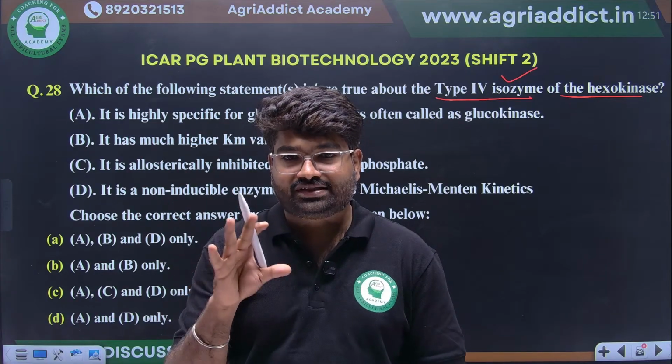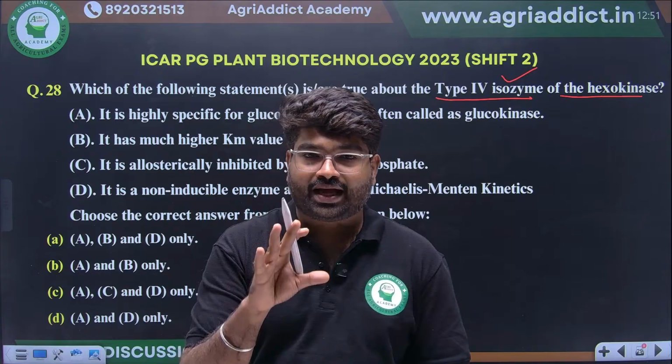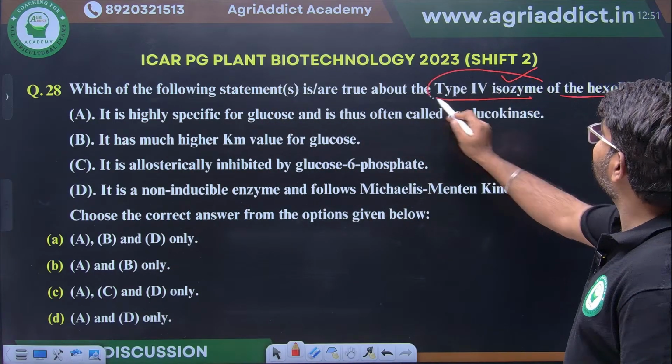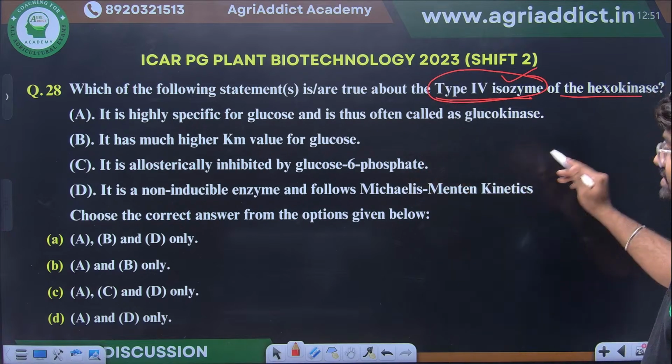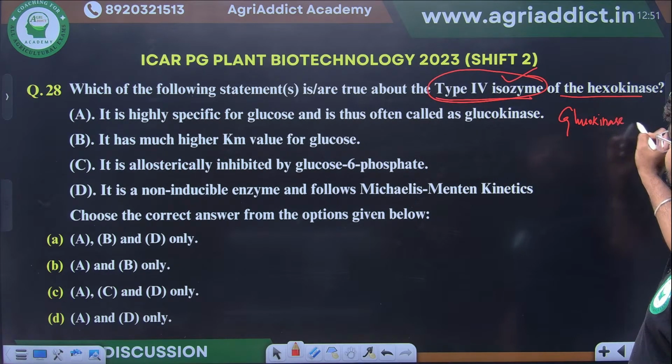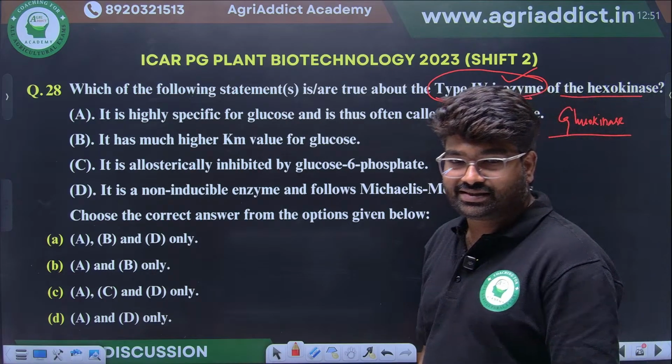Clear? This is the simple definition. The type 4 isoenzyme of hexokinase is glucokinase.